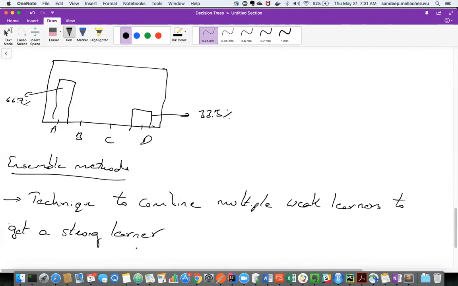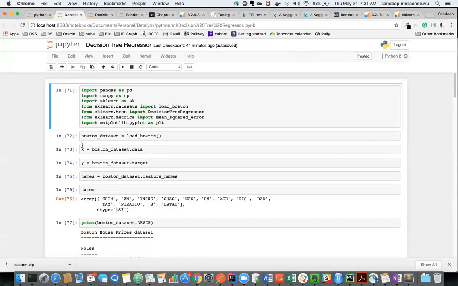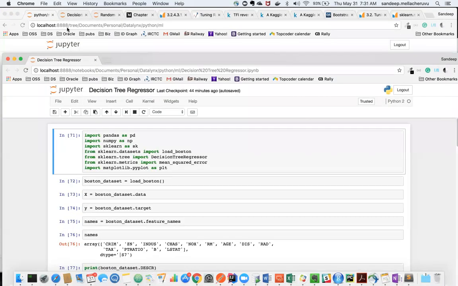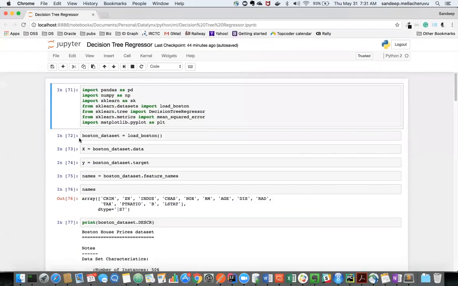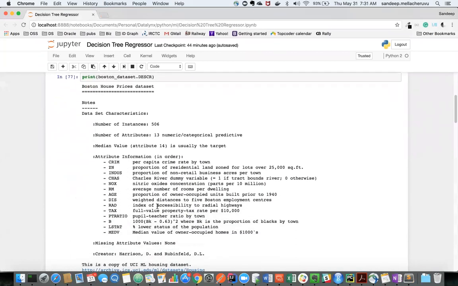So, for example, if you go back to yesterday's discussion on regression tree, this is a regression tree. In this regression tree, you can see multiple variables. First variable is crime in the town.